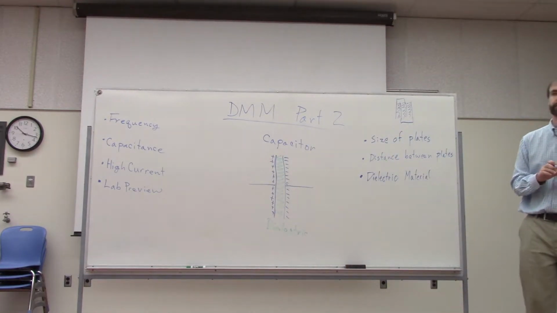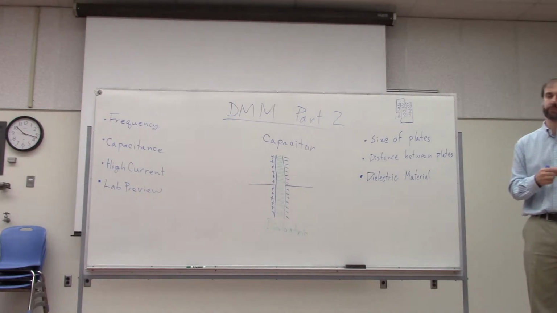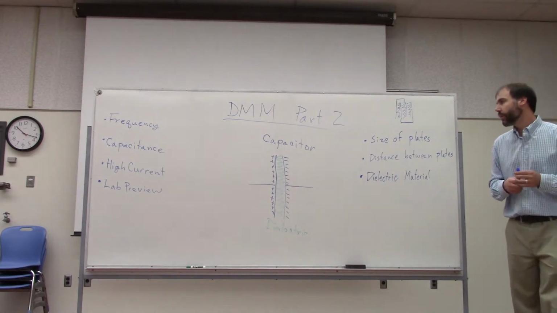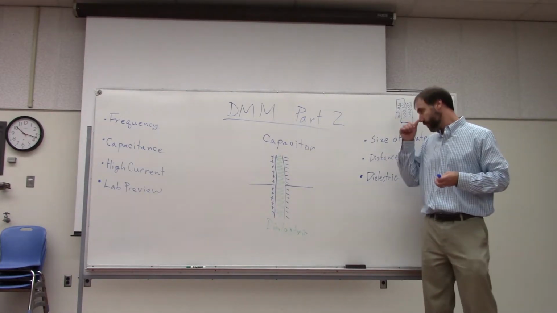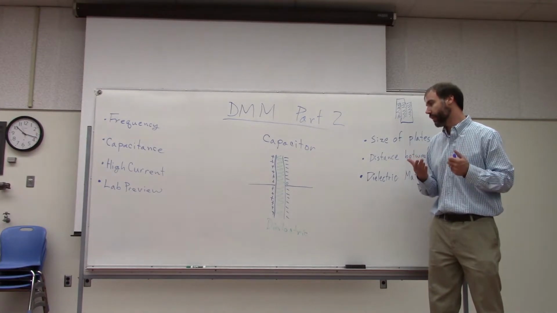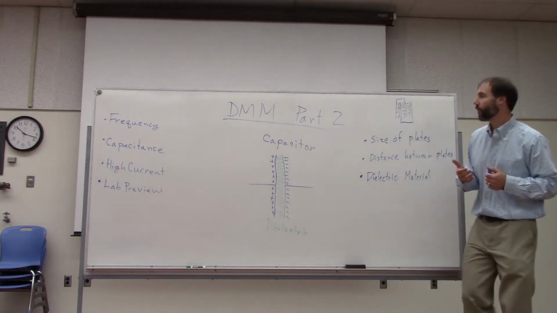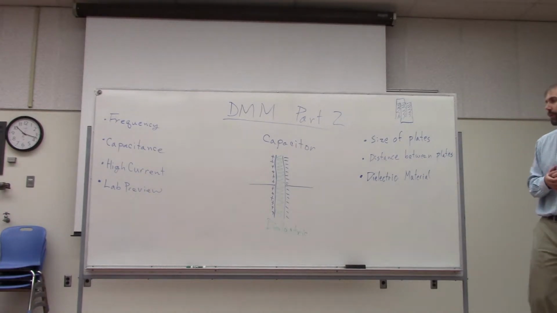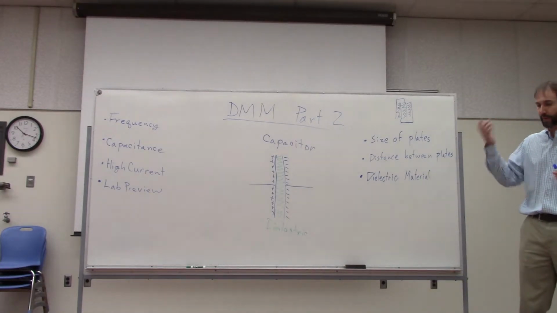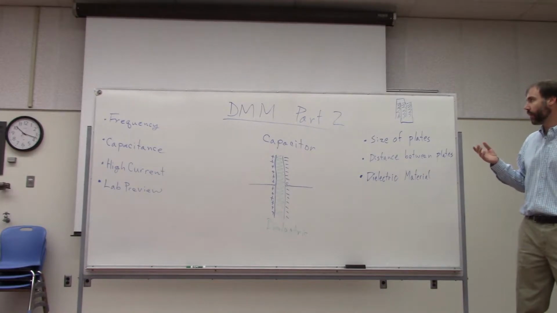So, since they both kind of do the same thing, why would you use one instead of the other in certain circumstances? Well, capacitors, for instance, can charge and discharge very, very quickly. So they can be used for certain applications where batteries would not work.